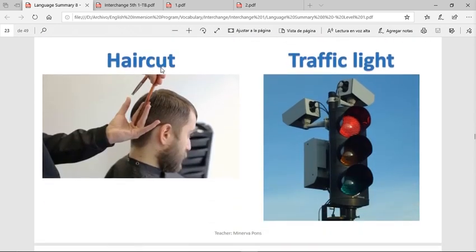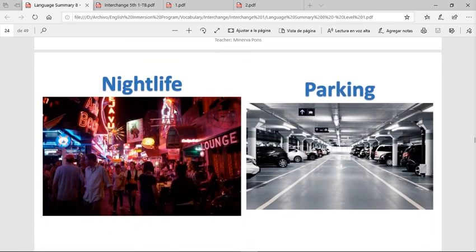It's when you cut your hair. Traffic light. These are the traffic lights. Nightlife. It's when in a city or a specific place there are a lot of people going out at night. Now we cannot do that, but it's good to remember those good old times.